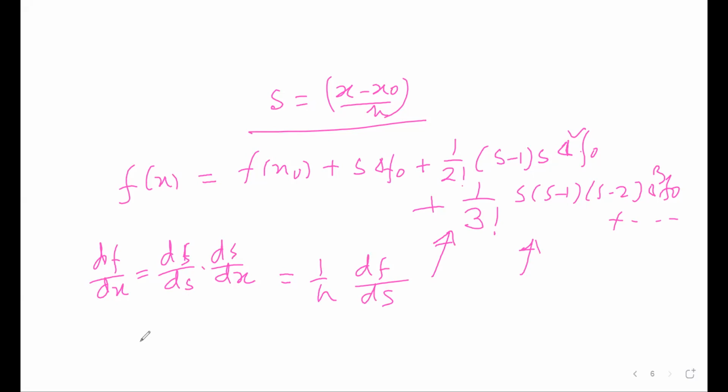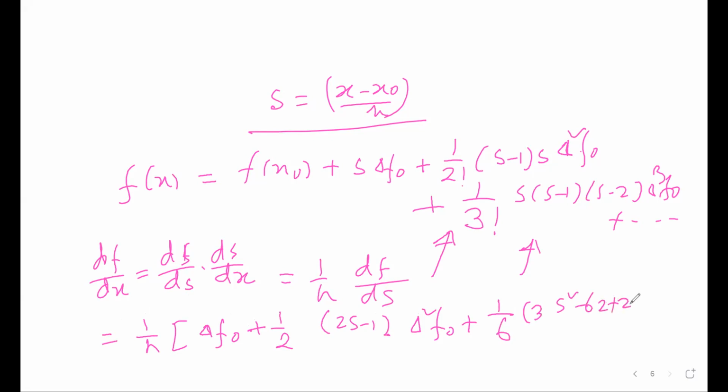Then our equation will be equal to 1 by h [del f0 plus half (2s minus 1) del 2 f0 plus 1 divided by 6 (3s square minus 6s plus 2) del 3 f0] and so on. This is very simple algebra. You can easily do that.